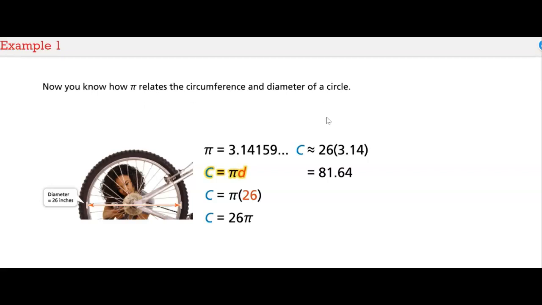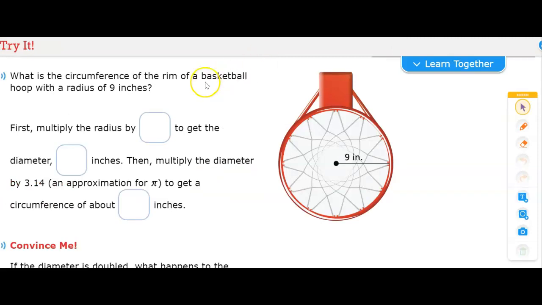Now you know how pi relates the circumference and the diameter of a circle. What is the circumference of the rim of a basketball hoop with a radius of 9 inches? The radius is 9 inches. So multiply the radius by 2 to get the diameter.